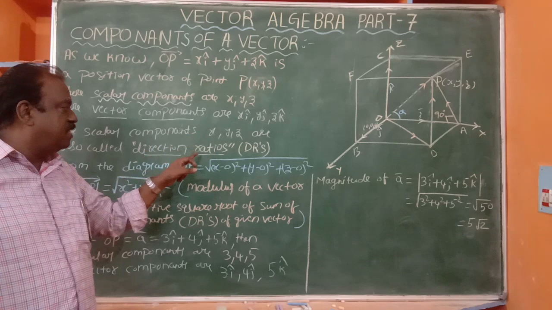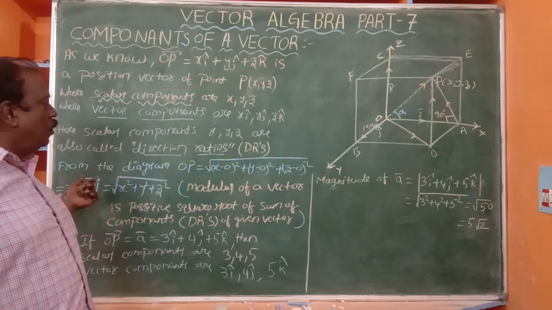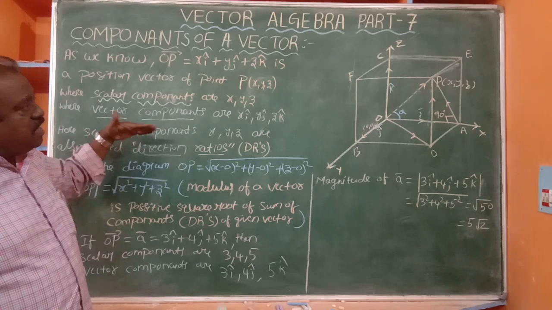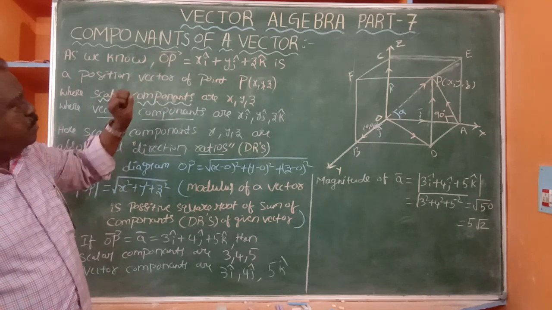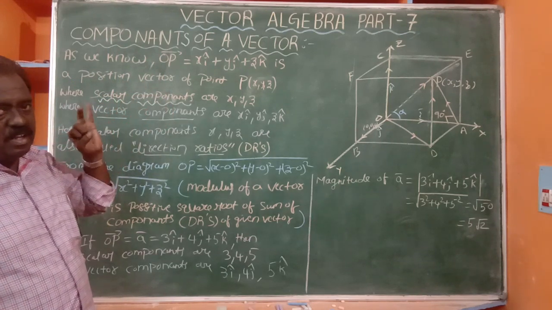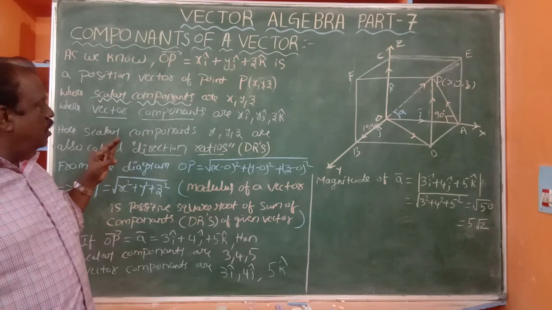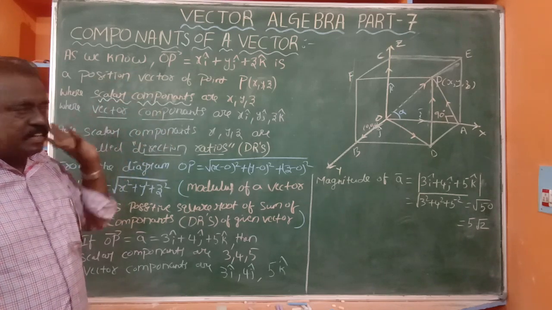D means direction, R means ratios. Any vector has components. In the components there are two types, scalar components and vector components. And those components are also called direction ratios.